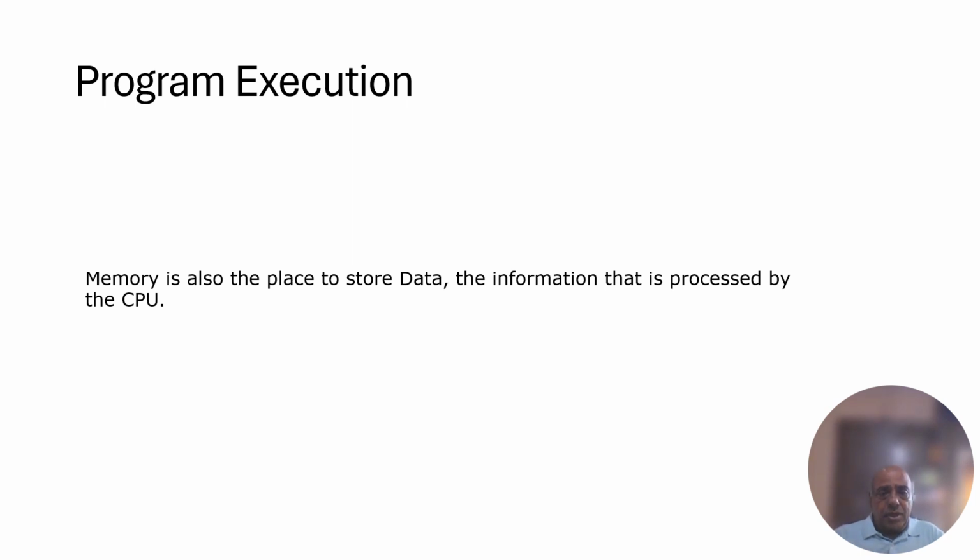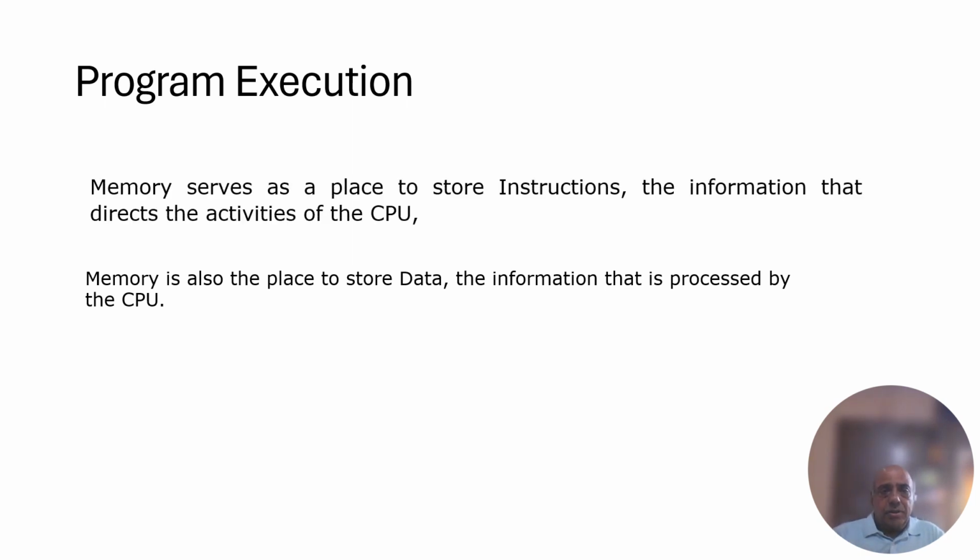Program execution, how it takes place. Memory serves as a place to store instructions, the information that directs the activities of a CPU. Memory is also a place where data is stored.